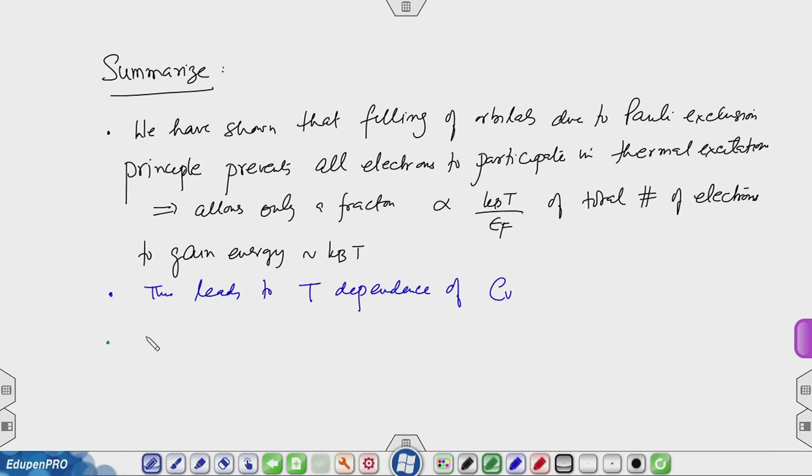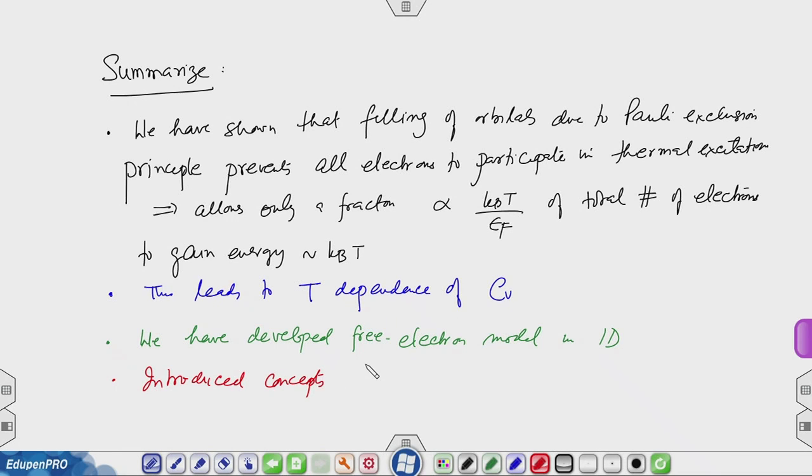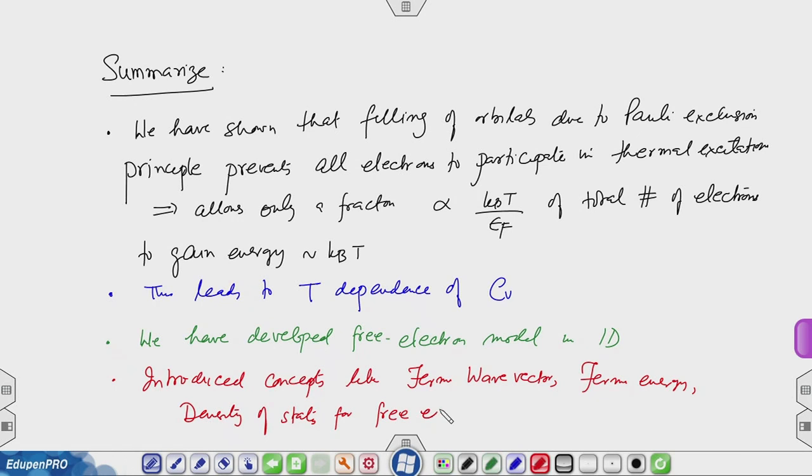Then we have developed free electron model in 1D, and therefore introduced concepts like Fermi wave vector, Fermi energy, and density of states for free electron model.